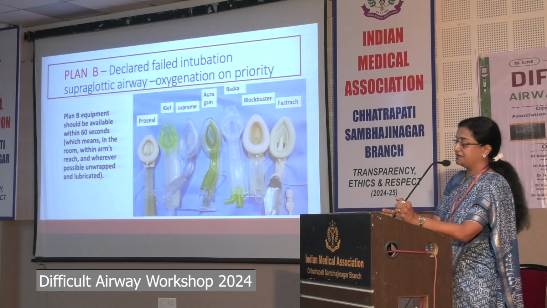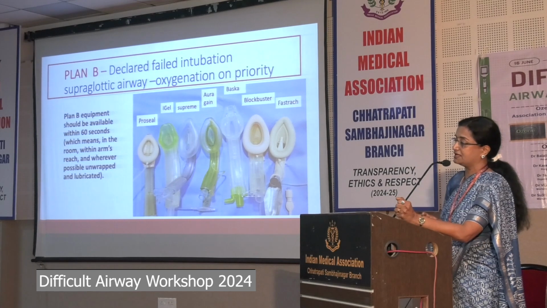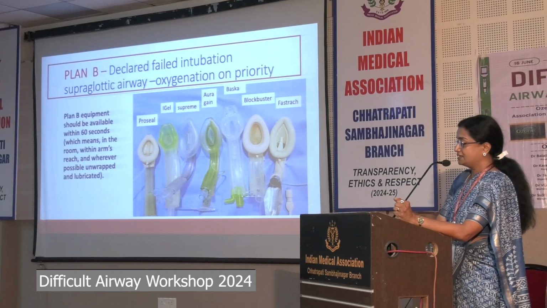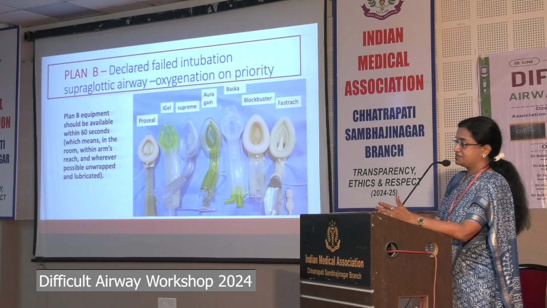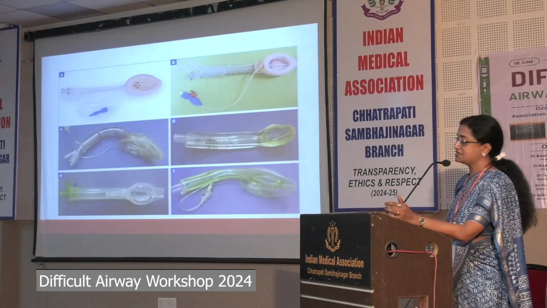Once you declare the failed intubation, within a few seconds, keeping the laryngoscope in place, you can take an SGD and insert it, and hence whatever SGD you have should always be ready, unwrapped and lubricated. These are the various SGDs.